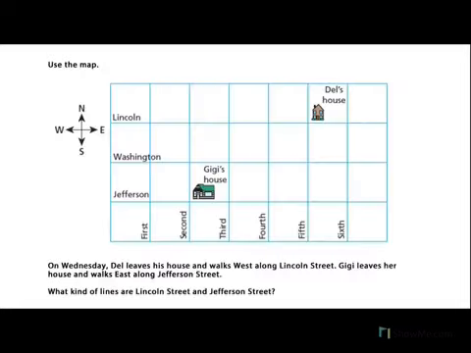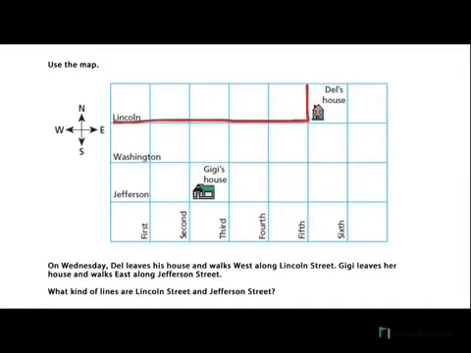Use the map. On Wednesday, Dell leaves his house and walks west along Lincoln Street. And he's going to walk this way on Lincoln. Gigi leaves her house and walks east along Jefferson.